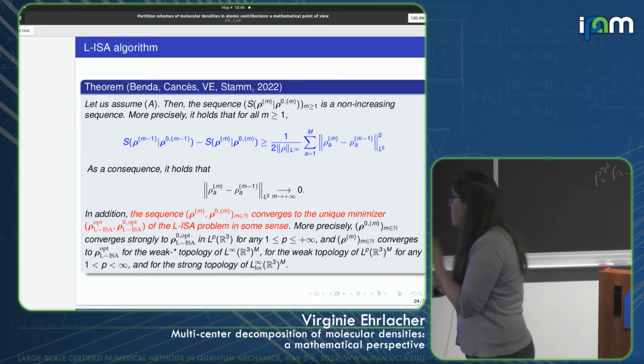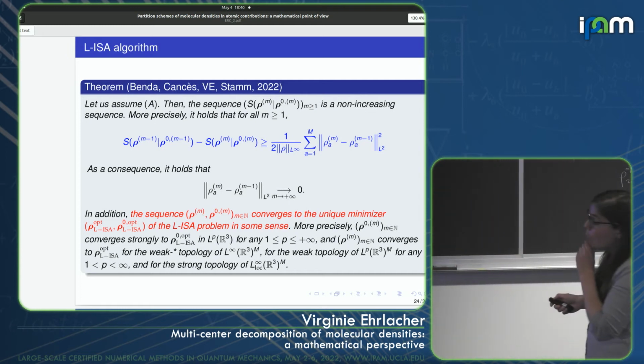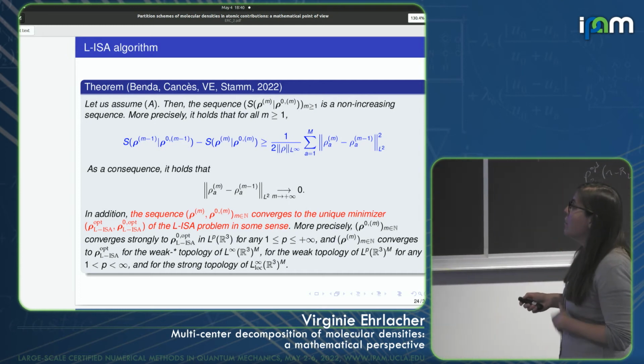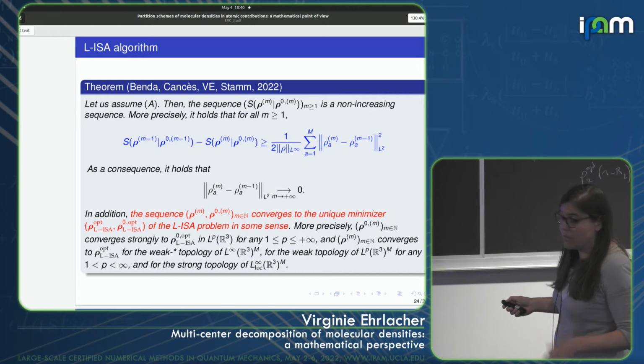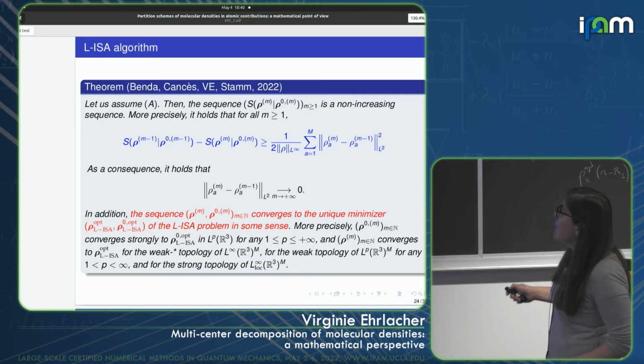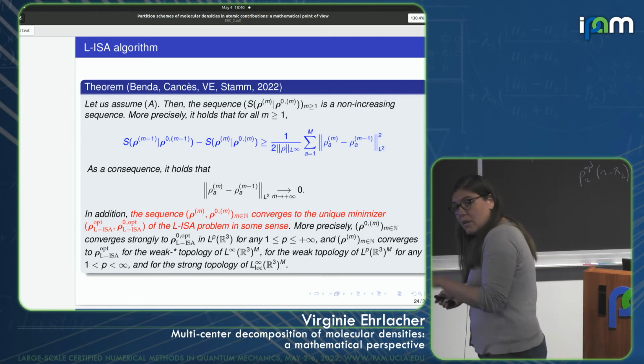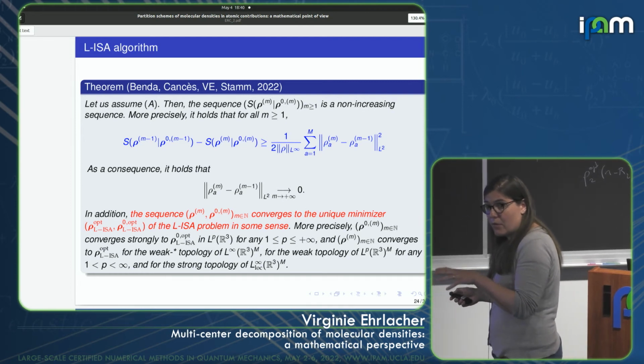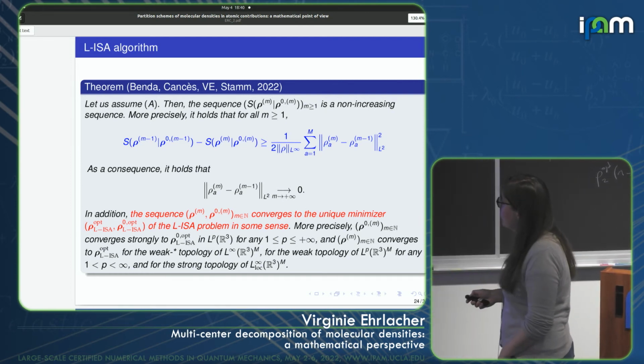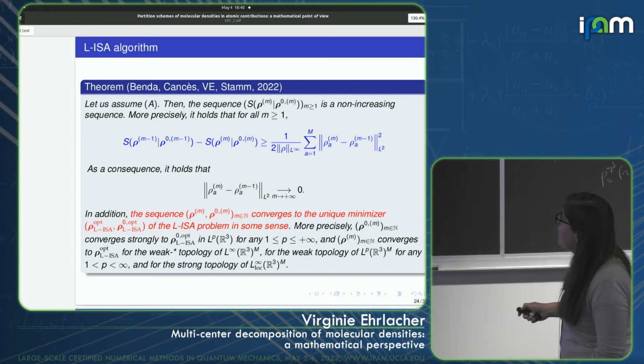And here, in comparison to the full continuous ISA problem, we are able to say something about convergence of the algorithm. You still have the same property in the sense that the value of the entropy still decreases as the number of iterations goes on. We still have that the difference between two iterates in the L2 norm goes to 0.